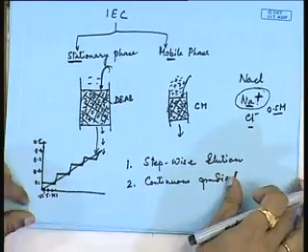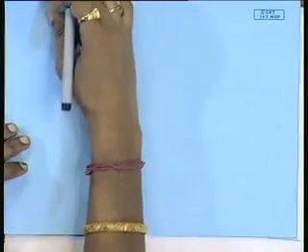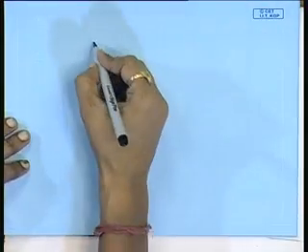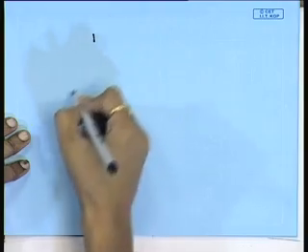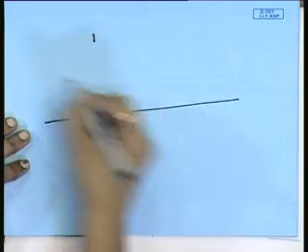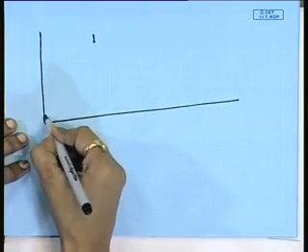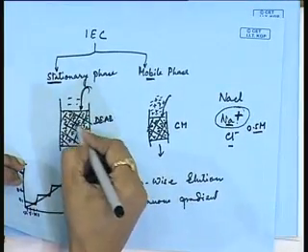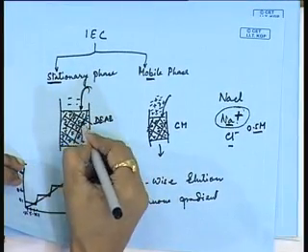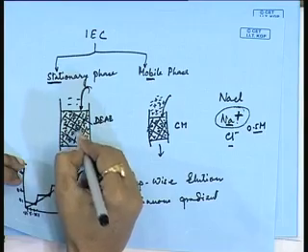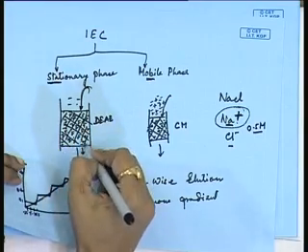If we see the graphical representation of ion exchange chromatography, initially we have loaded our targeted protein, and some oppositely charged molecules are retained and the same charge molecules come out.